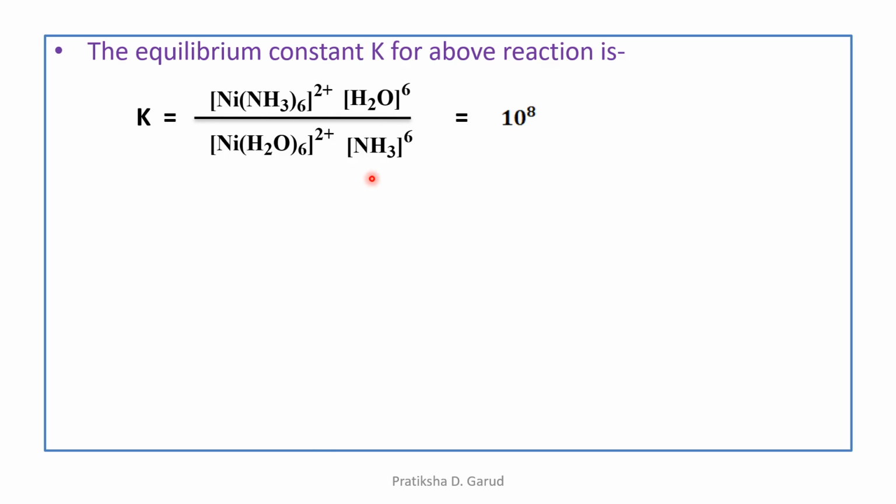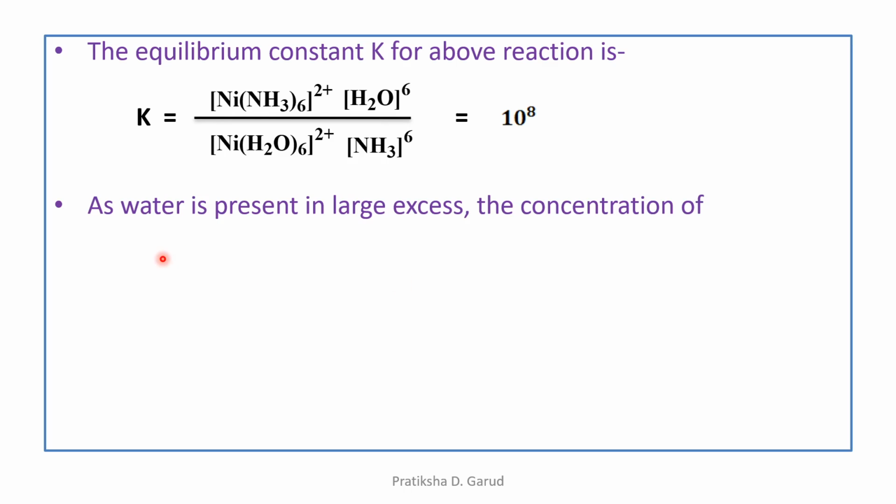Now here in this reaction we know that water is used as a solvent, that means it is present in large excess. So as water is present in large excess, the concentration of the water is considered as a constant. So we just remove this water because it is present in large excess.